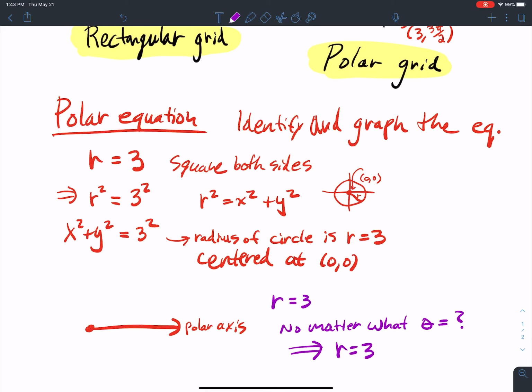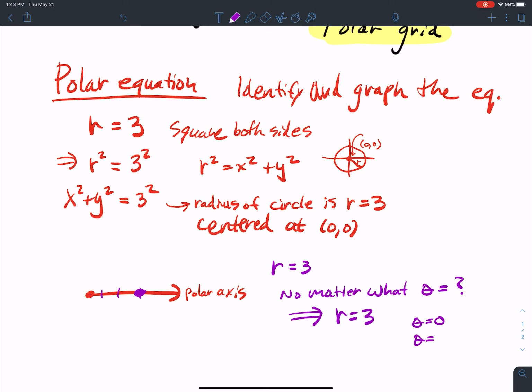At theta equal to 0, I go out 1, 2, 3. At theta equal to pi over 4, I'm out 3.